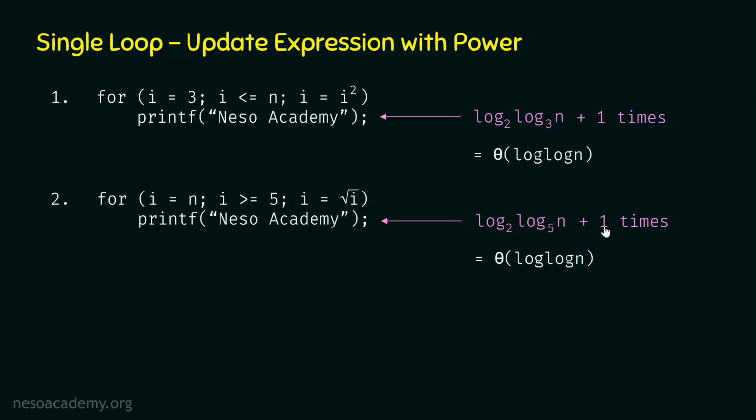After eliminating the constants and the bases, we are getting this time complexity. So theta of log n is the time complexity of this loop. In this way, we can find the time complexity of single loops where in the update expression, the variable is raised to the power of some constant.